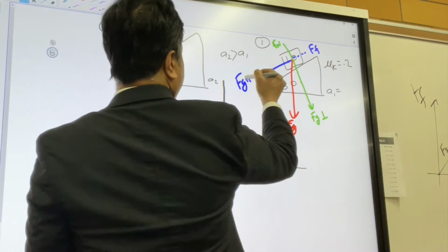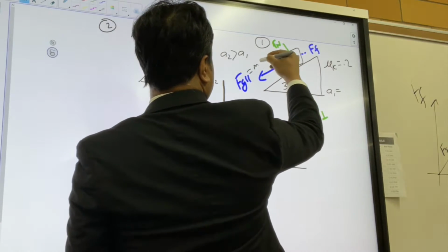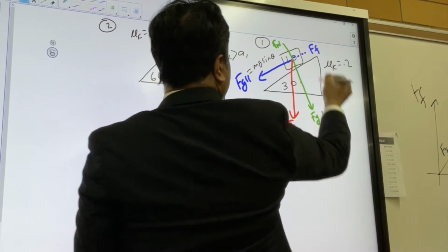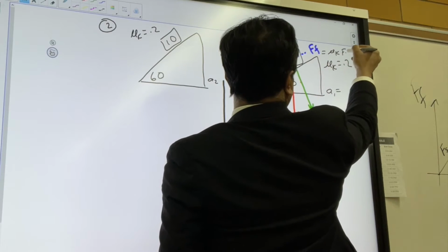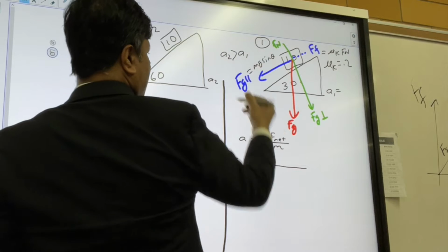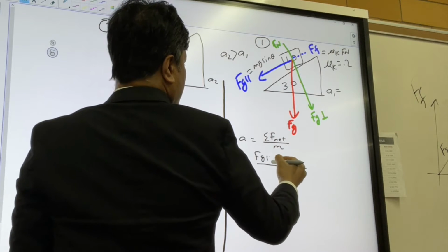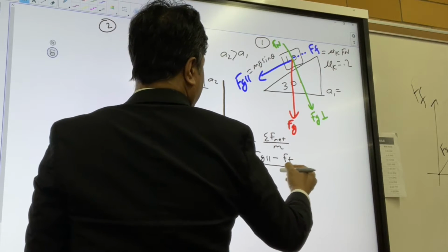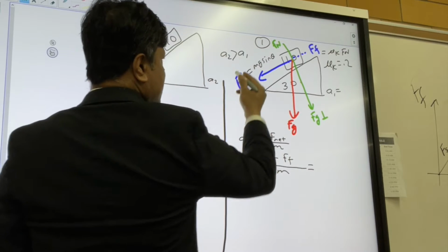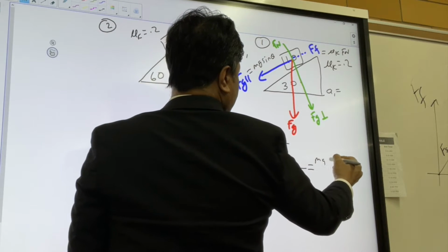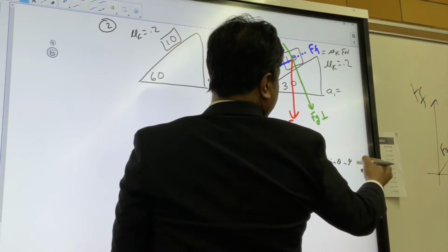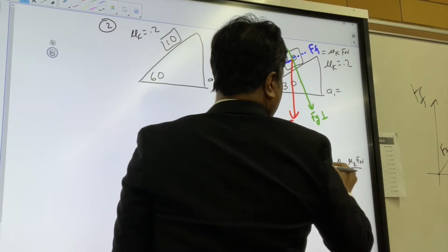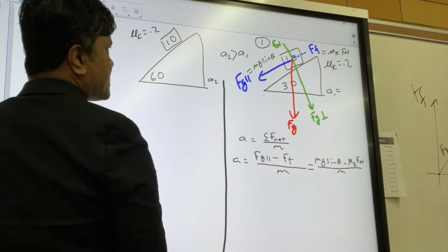So FG parallel is mg sine theta, and FF is mu k Fn. So net force is FG parallel minus FF, over m. FG parallel is mg sine theta minus mu k Fn over m. Okay. So what is Fn?